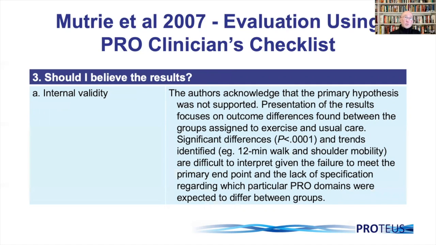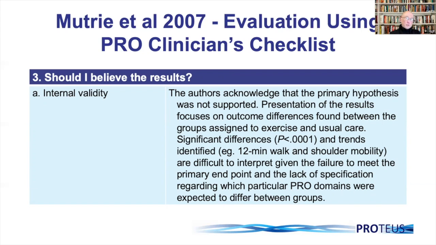So, item 3, should I believe the results? Were the results internally valid? In this study, the primary hypothesis was not supported. Presentation of the results focused on outcome differences found between the groups assigned to exercise and usual care. There were significant differences with highly significant p-values and trends that were identified in the 12-minute walk and shoulder mobility tests.